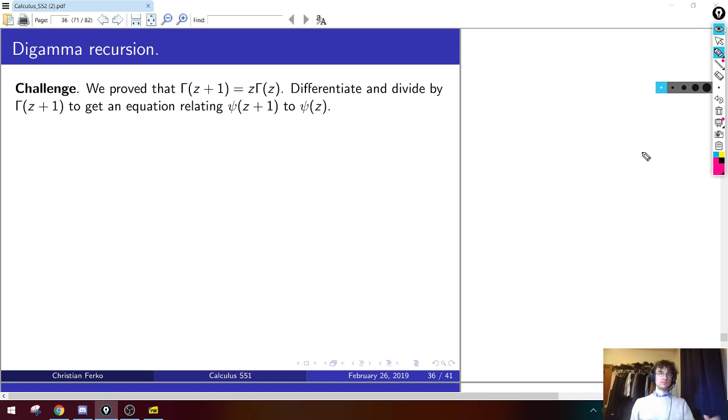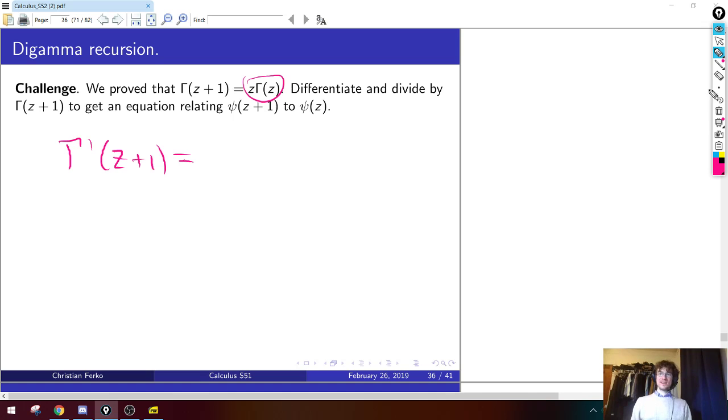So the hint is telling us to differentiate? Yeah. Okay. So if I take the derivative of both sides of this, that's going to be... Let me think. Gamma prime of z plus 1 equals z gamma prime of z.